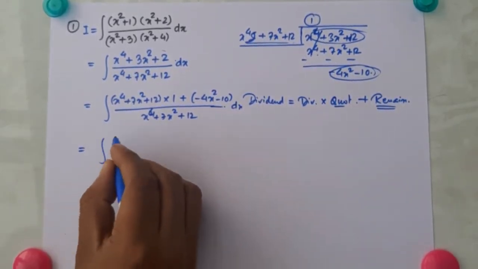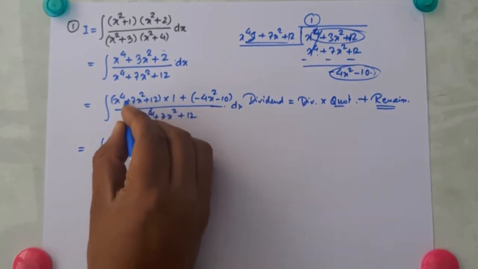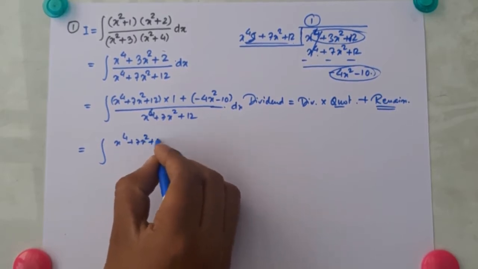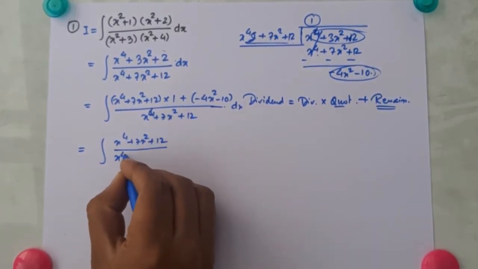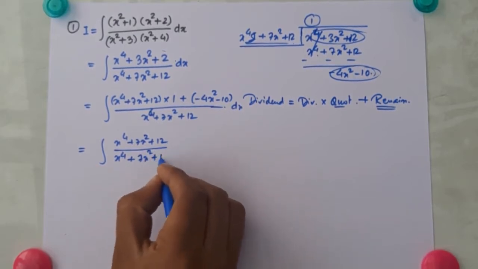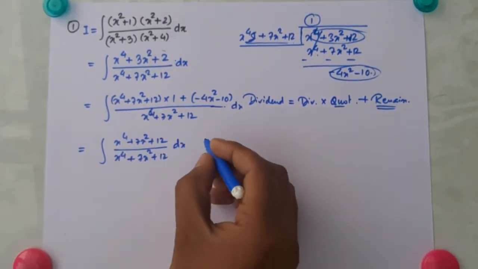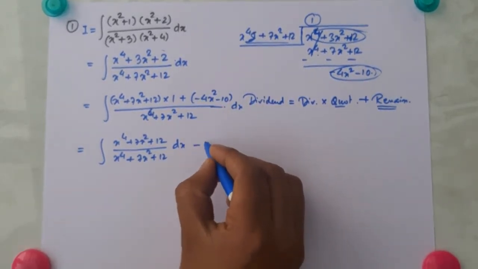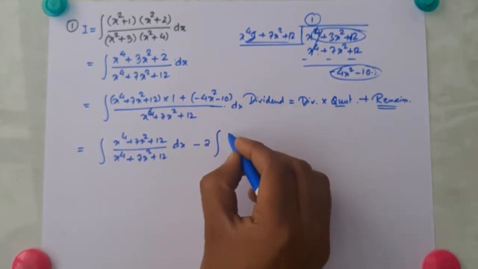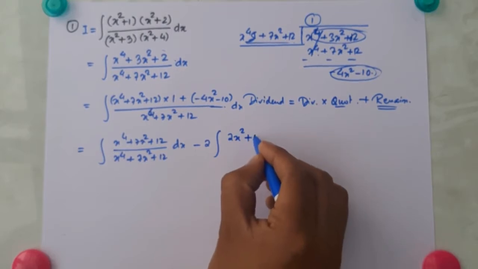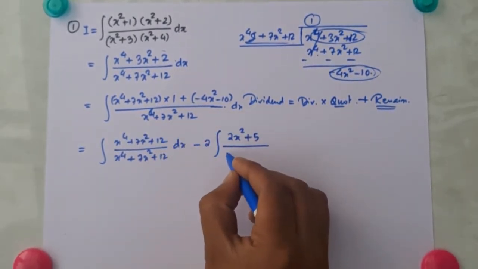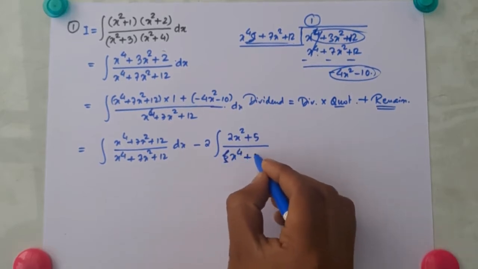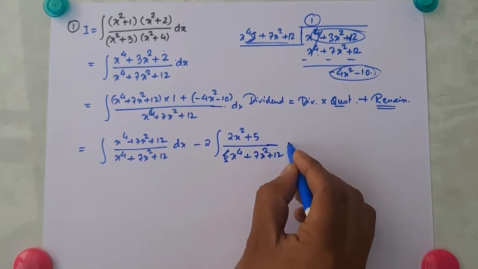See here carefully, x to the power 4 plus 7x square plus 12 into 1 is itself divided by x to the power 4 plus 7x square plus 12 dx, right? And minus 2 can be kept common. Minus 2 is a constant, so it is kept outside, and you get 2x square plus 5 divided by x to the power 4 plus 7x square plus 12 dx.